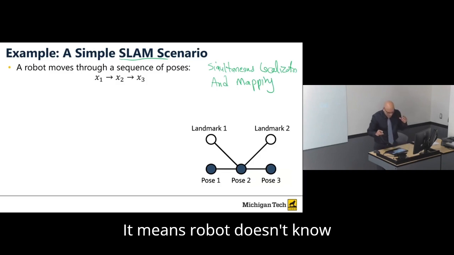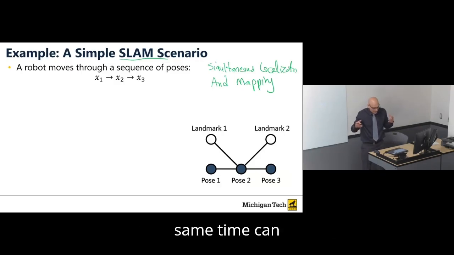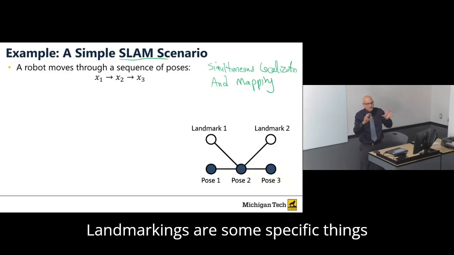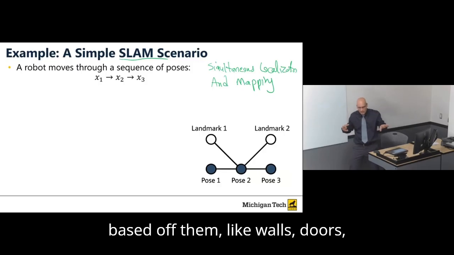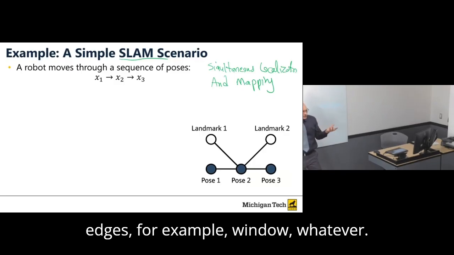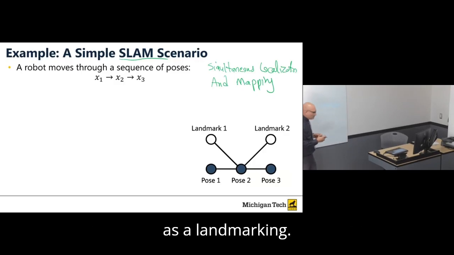It means the robot doesn't know anything about the environment, but at the same time can find landmarks. What are landmarks? Landmarks are specific things that can be used for localizing itself, like walls, doors, edges, windows, whatever. In a street, so many things can be used as a landmark.